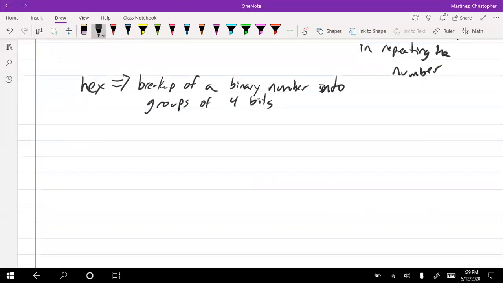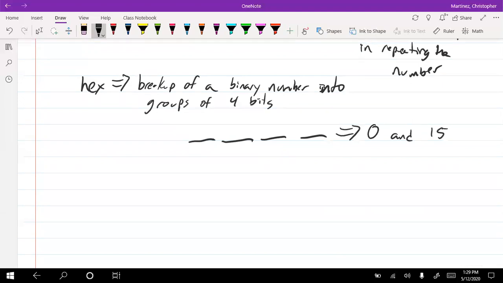So if I have a 4-bit number, each of these 4-bit numbers will give me something between 0 and 15.